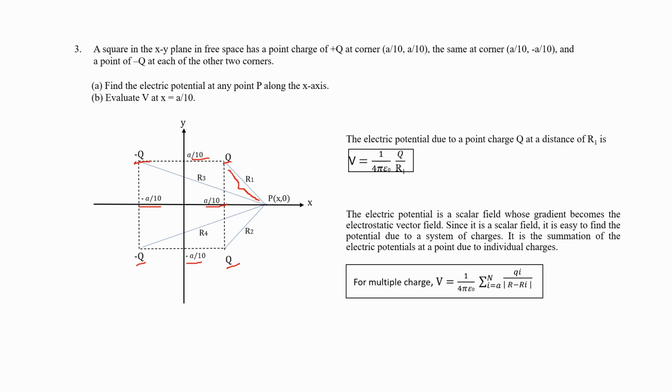Back to the figure. It contains four multiple charges. So we must use the summation of the electric potentials formula, which is this one. So let's get through the calculation part to understand more.